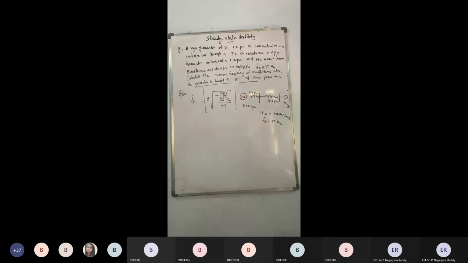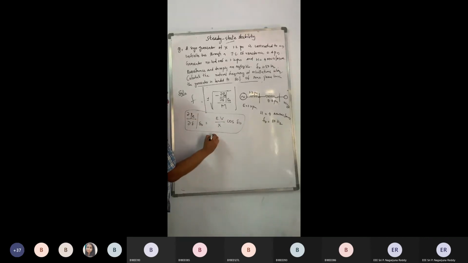Okay, see, what is dou P e by dou delta at delta naught? We have already solved it. It is EV by X cos delta naught. This is the expression for this one. Try to remember it every time: EV by X into cos delta naught.